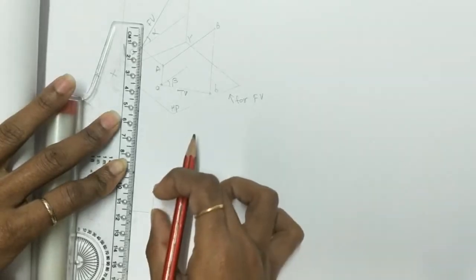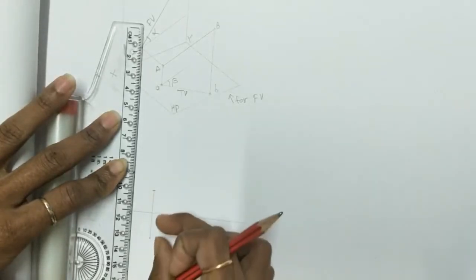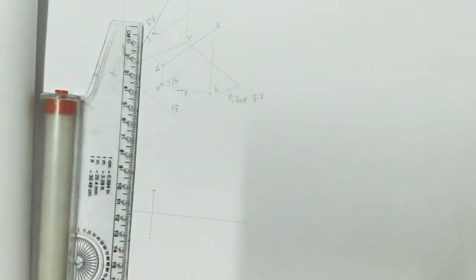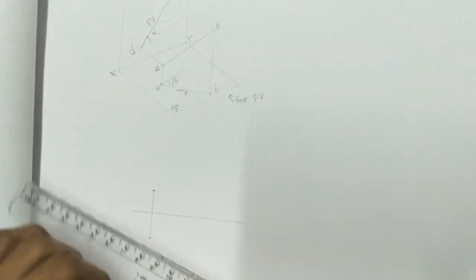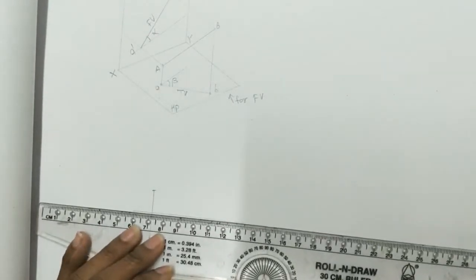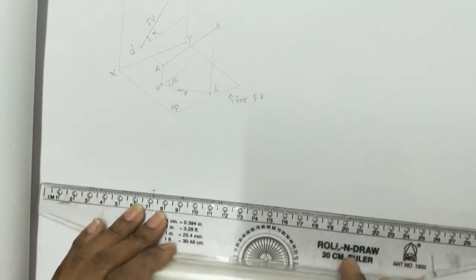This is the distance above HP and this shows the distance in front of VP. Now draw lines from these two points.